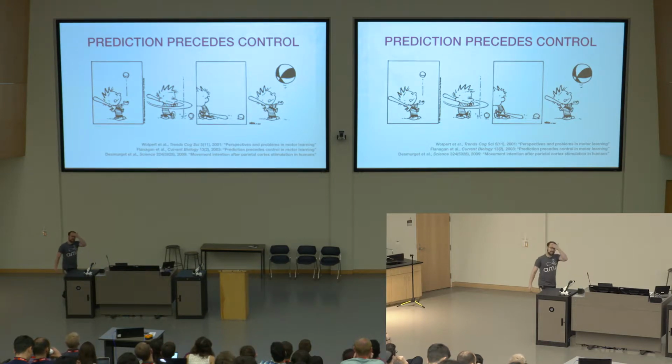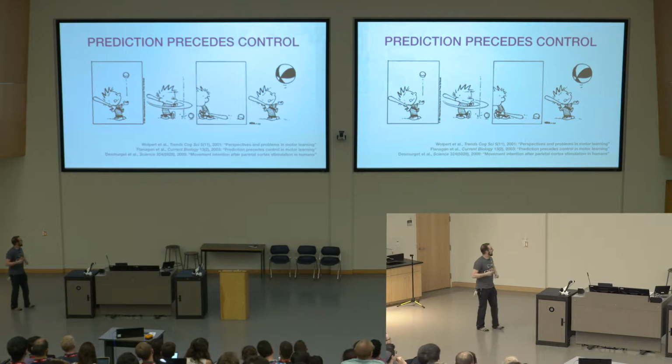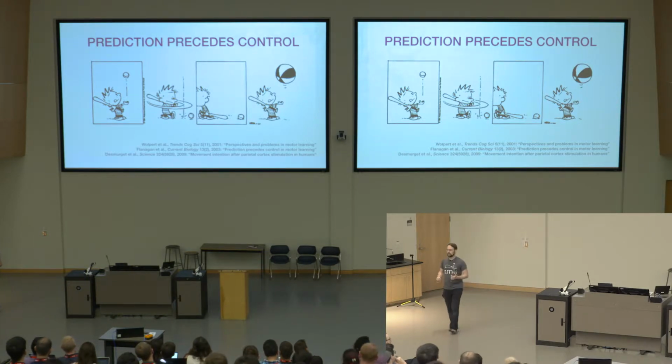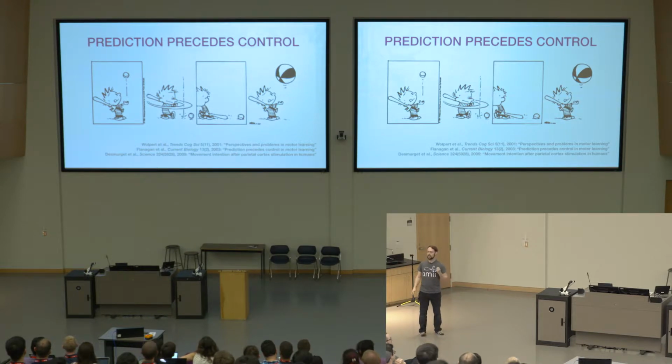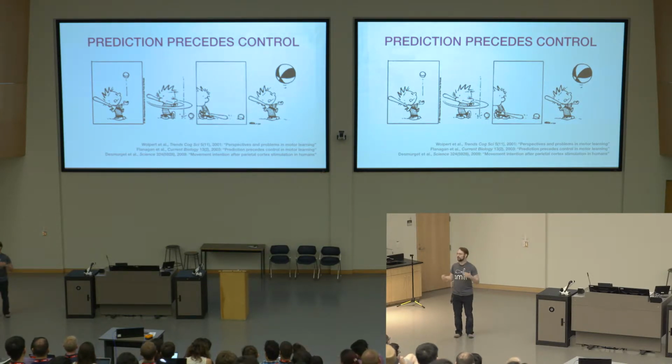Cool. And this gets back to my earlier comment about prediction, and that, in fact, there's a wealth of literature from the biological side of things that says something very profound, that prediction precedes control. And this is an image from Calvin and Hobbes that was stolen by Wolpert and Flanagan, which was then stolen by me from their paper. Anyway, this is a picture which really nicely illustrates this, but I've also listed a series of papers here which I almost consider required reading for all the folks working with me.